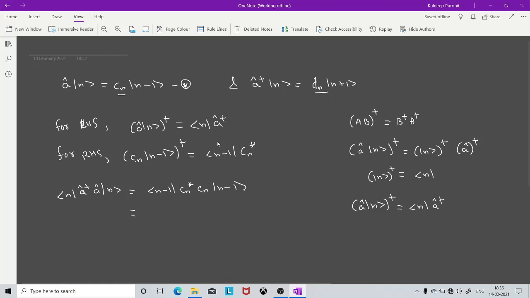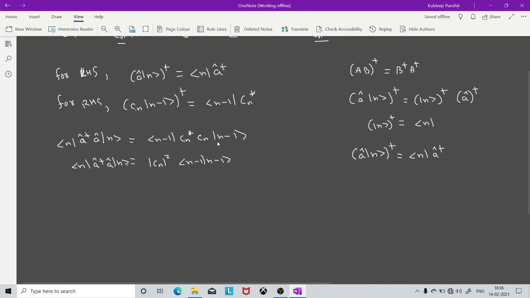Cn is just a number, so Cn star into Cn I can write as mod of Cn square, and bra of n minus 1 into ket n minus 1.